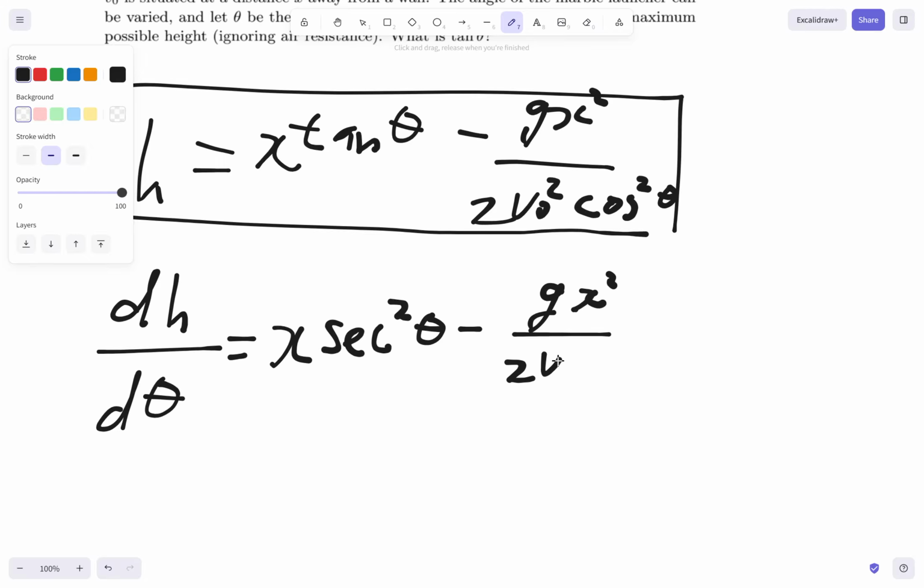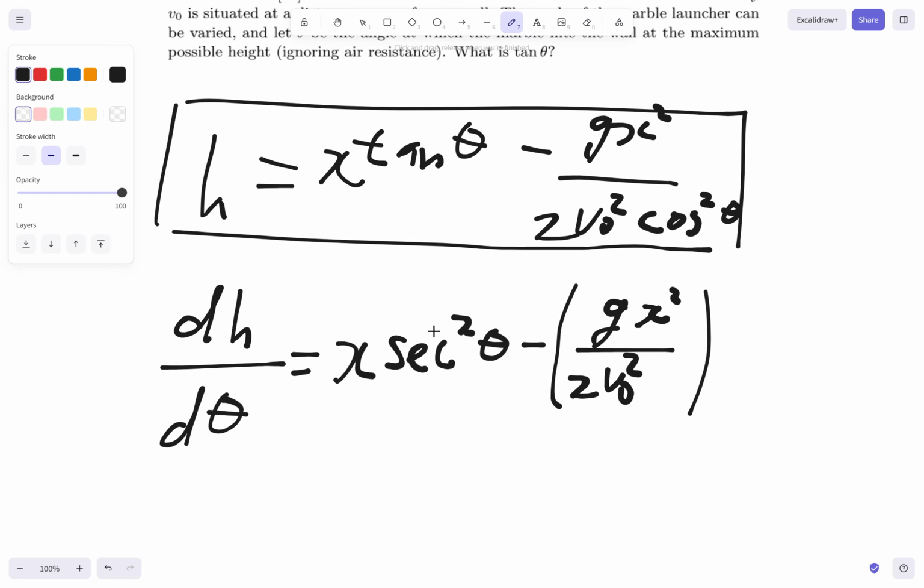First thing to note here: the derivative of the sum is the sum of the derivatives. This is technically a sum, you can do plus minus. So for the first term, x is a constant, so you take it out of the derivative. What's the derivative of tan theta?